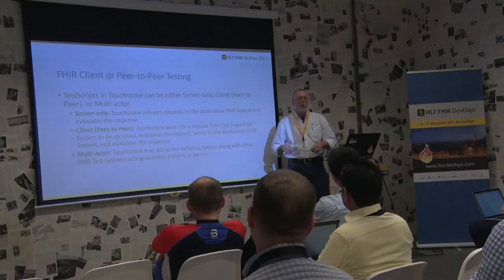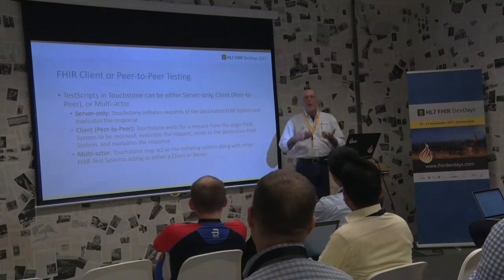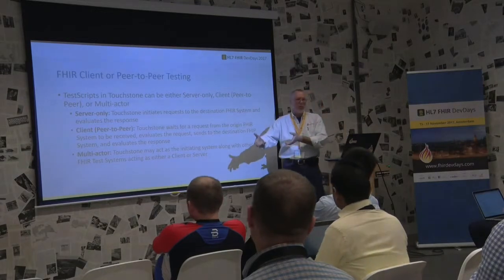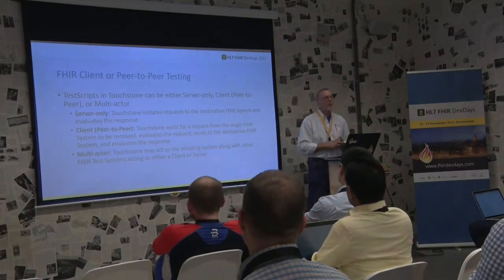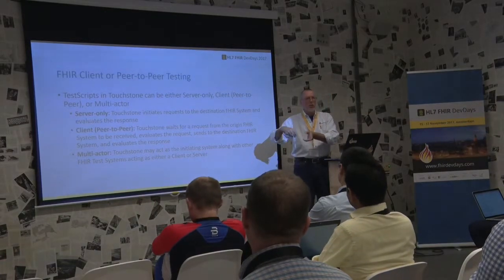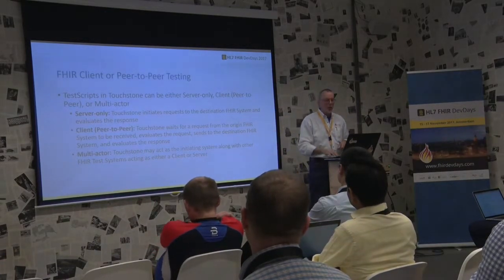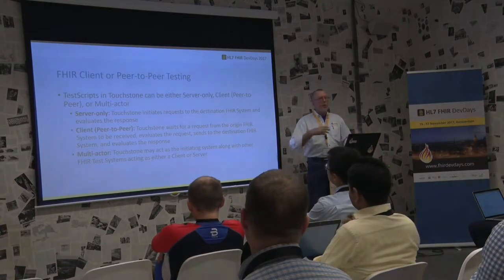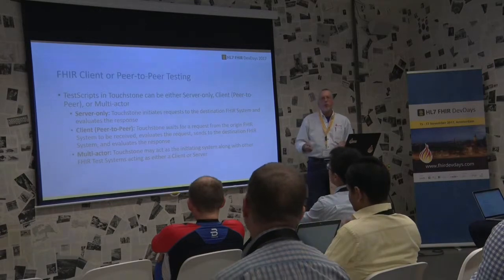That's okay. Because I may want to be trying to test negative conditions. So I want to send you a bad request as part of the test. So again, we're not a FHIR compliant client. We're going to just follow what you tell us to actually execute. So if you imagine, we can actually define multi-actor type of scenarios within a single test script.